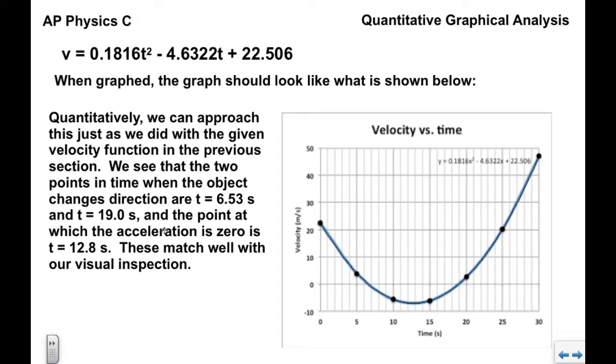The point at which the acceleration is 0, if we take a derivative of the velocity function and find the acceleration function, we would find that the acceleration is 0 at 12.8 seconds. Again, these match up well with our initial visual inspection.